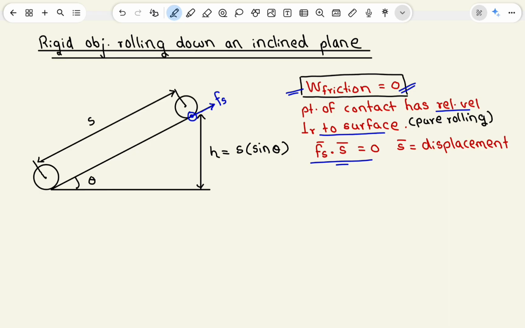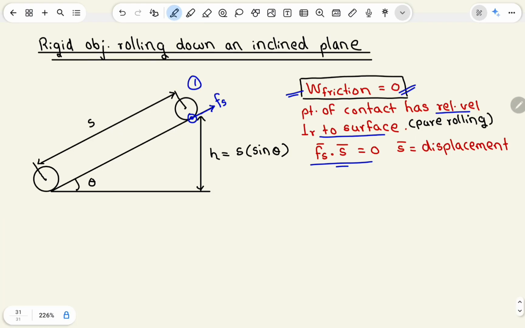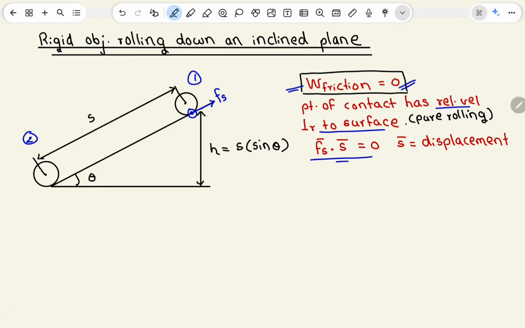Therefore, we can easily use the energy conservation principle, which is nothing but the initial total mechanical energy is equal to the final total mechanical energy. The initial point is the point at the top, and the final point is at the bottom.